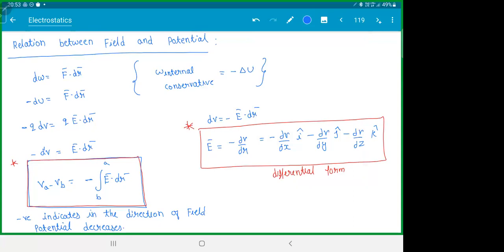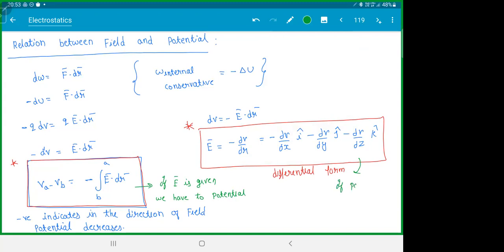So when to use which one? If someone gives you electric field, E bar is given, and we have to find potential difference, use the integral formula.